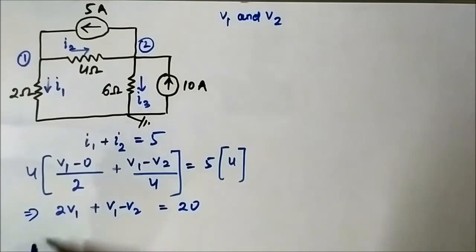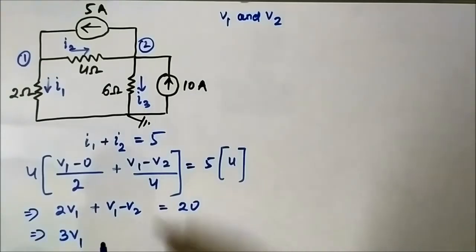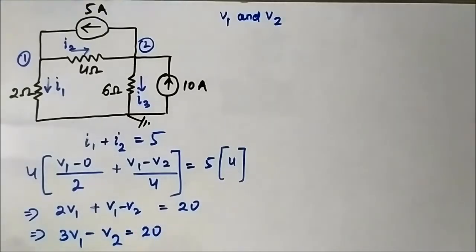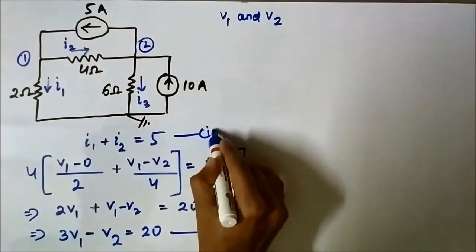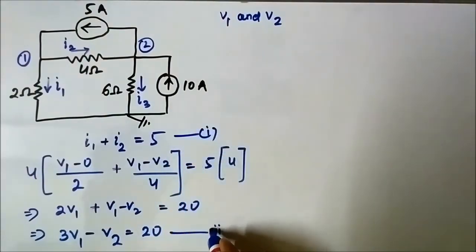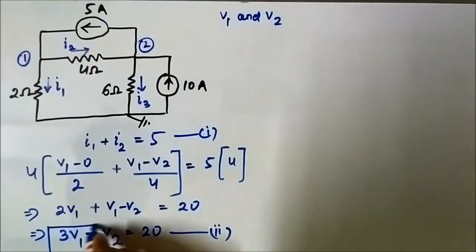Okay, that implies 3V1 minus V2 is equal to 20. So let us mark it as equation 1. This is an important nodal equation.